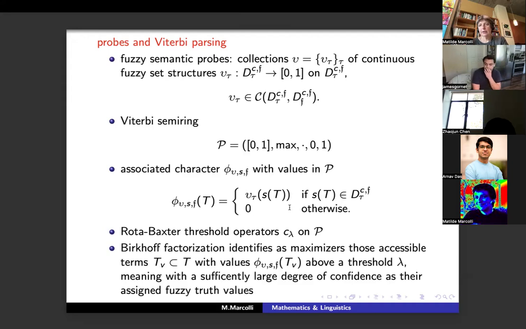We just check the probe on the values that you have constructed by the Heim-Kratzer parsing. And again, when you cut with this threshold, your Birkhoff factorization will extract as maximizer those accessible terms, or chains of accessible terms, where all the values are above the threshold that you put. So it will identify the largest chains of substructures where your truth confidence value is sufficiently large.